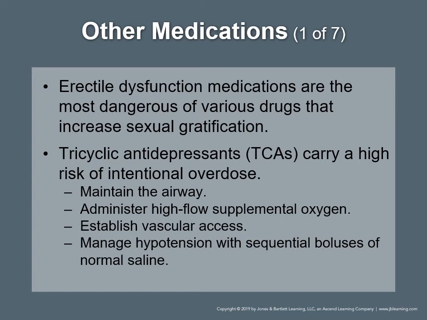Manage hypotension with sequential boluses of normal saline. Be alert to the possibility of pulmonary edema. Assess blood glucose levels. Administer D50 in water if the patient is hypoglycemic. Rule out head trauma as a possible cause of the decreased mental status, and monitor for agitation or violence. Provide rapid transport to the closest appropriate facility.